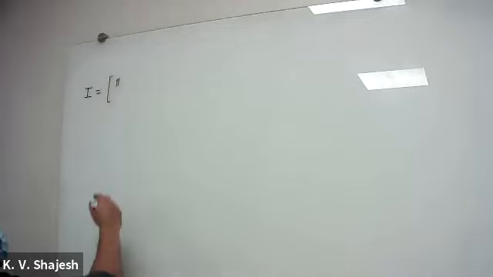It's pi by 8 k squared, and the next term is 9 pi over 128 k raised to 4, plus order 6, times 2 over k squared.